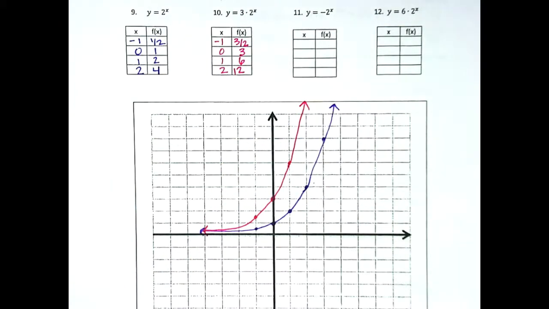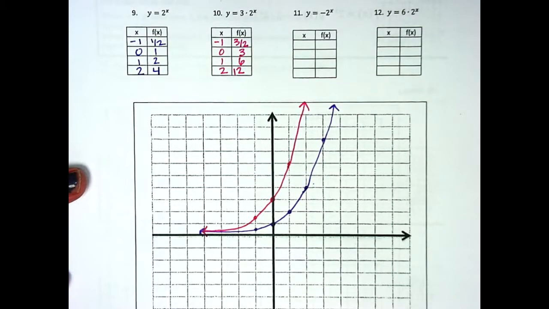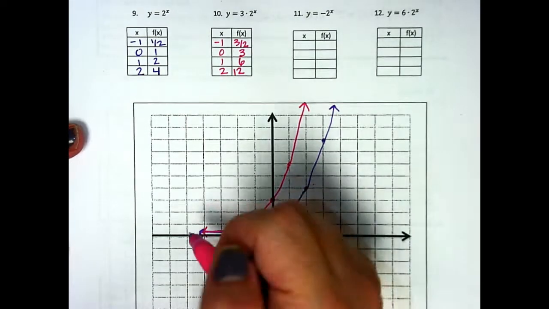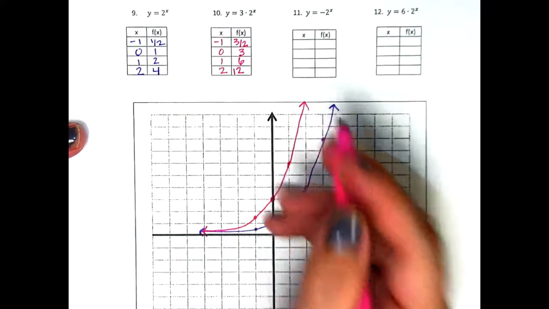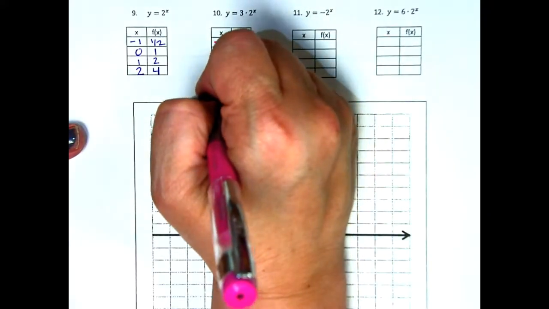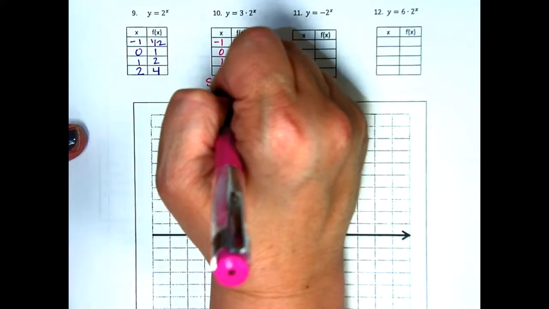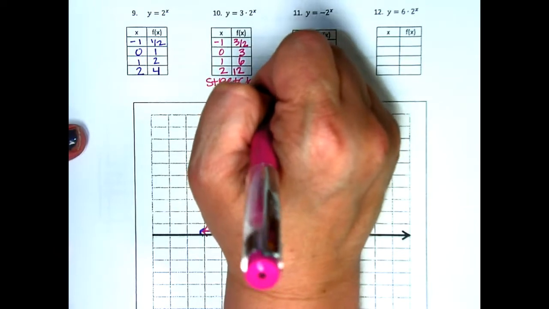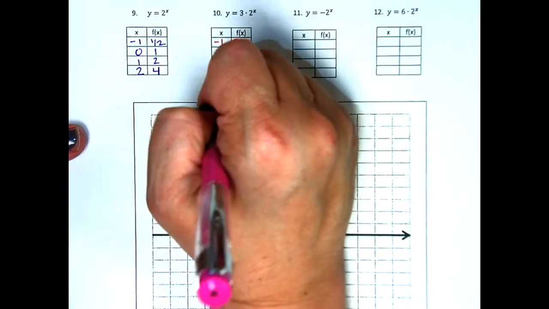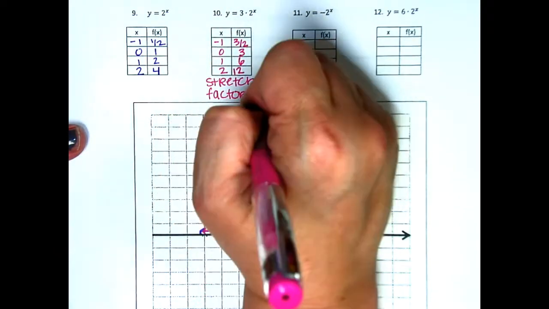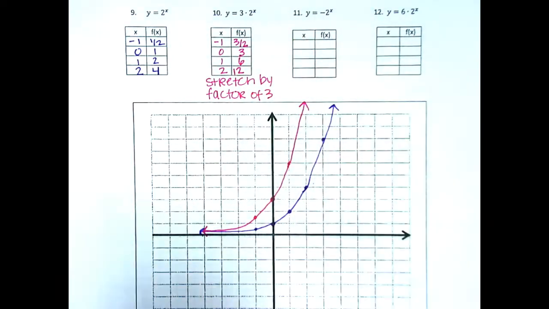So it went up much faster, and we know that the A can give a vertical stretch or a vertical shrink. When it goes up quicker, that's a stretch. So this was a stretch by a factor of 3.